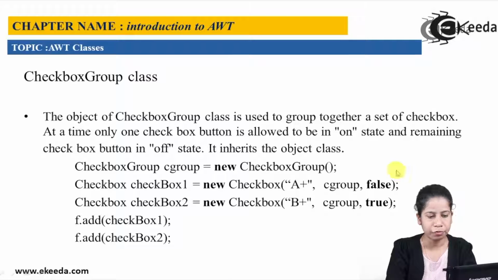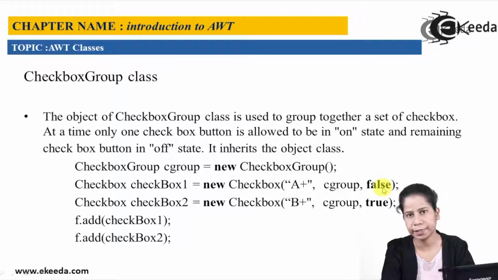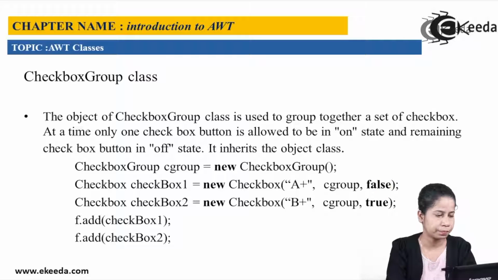And then I made it false. False means it is currently not selected. Then checkbox2, to which I have given the caption B positive, belongs to cgroup, and it is set to true. So by default this checkbox is selected. After that you have to add these checkboxes to the frame.